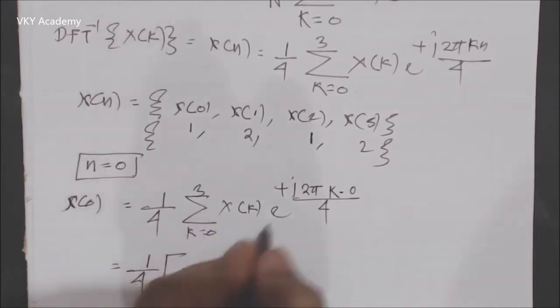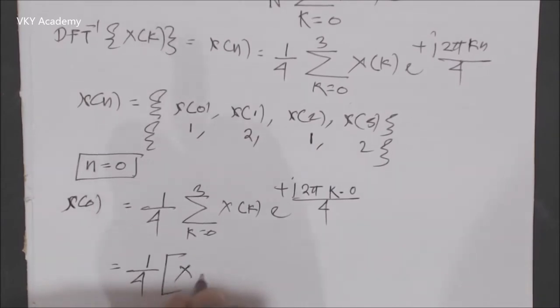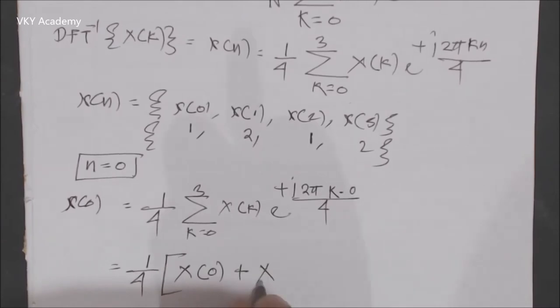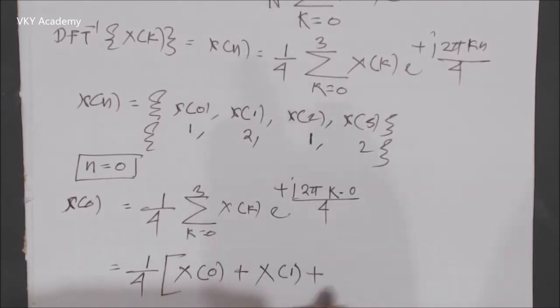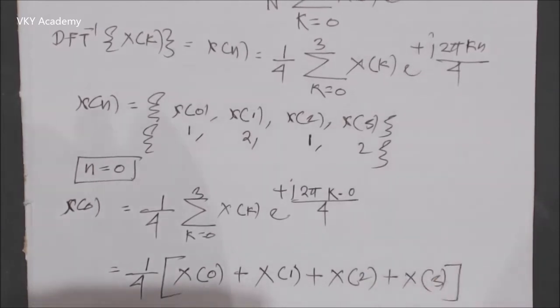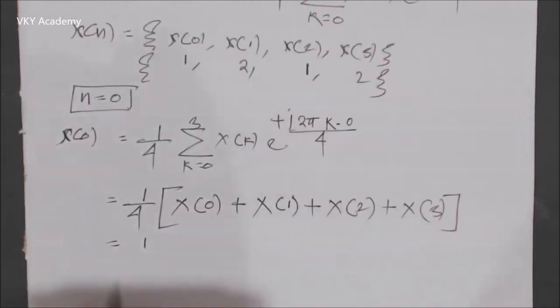For different values of k, it will be capital X of 0 e to the power 0 plus capital X of 1 e to the power 0 plus capital X of 2 e to the power 0 plus capital X of 3, which is 1 upon 4.